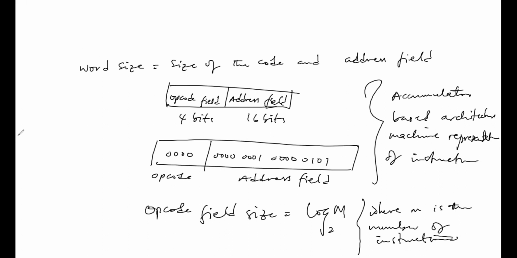So let's look at that quickly. We have the opcode field, and we have the register address, and then we have the address field.